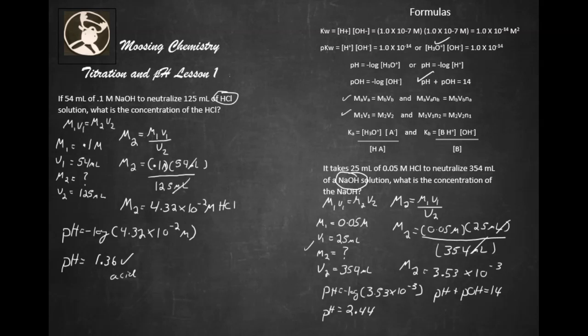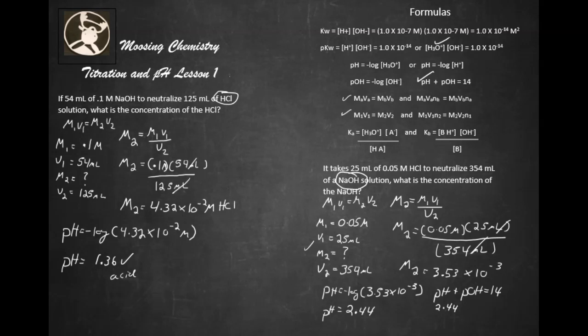So we just take our pH, which is 2.44. Let's double check that, because I think our pH is going to change a little bit since we changed a couple things. So negative log of 3.53 times 10 to the negative 3. No, it's about the same.